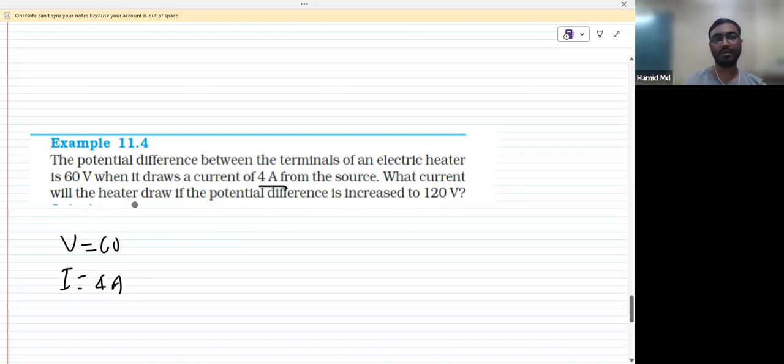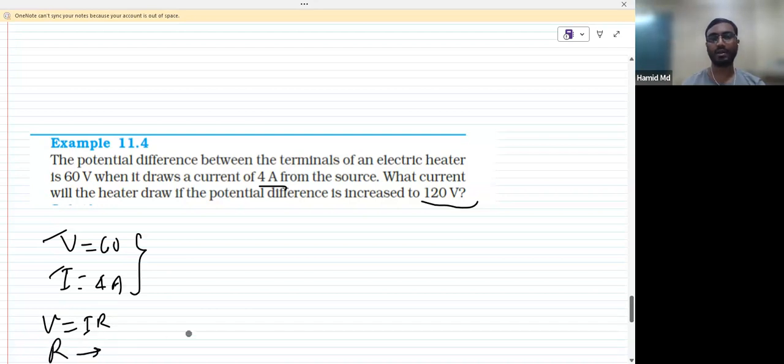What current will the heater draw if the potential is increased to 120 volts? With this information, what can we find? Madiha? Yes, sir. V and I are given. So what can we calculate from this? V is equal to IR. R is unknown, so we can find R from here.